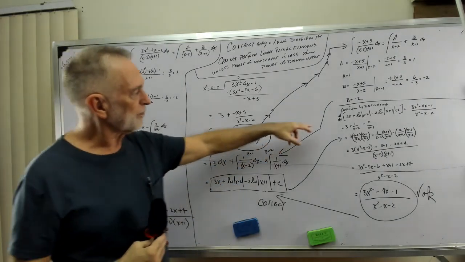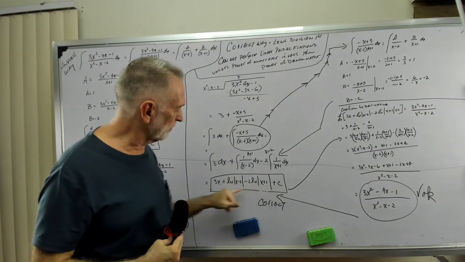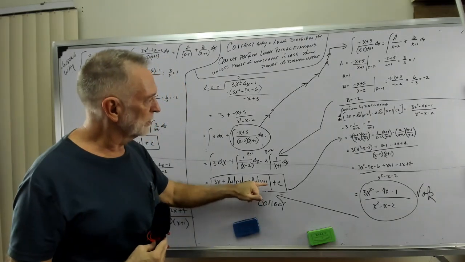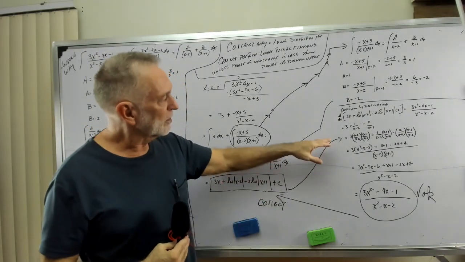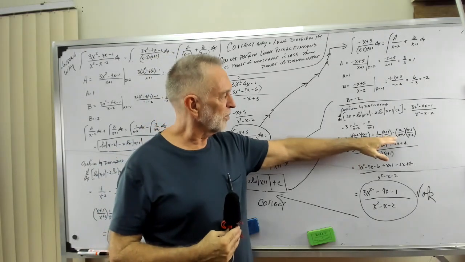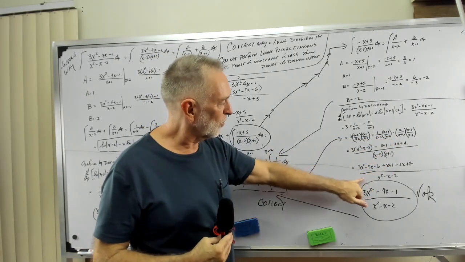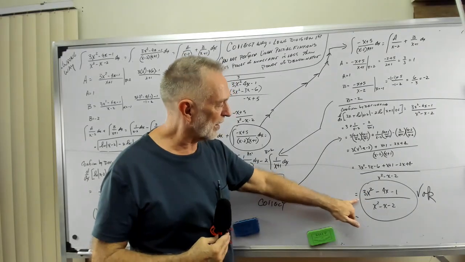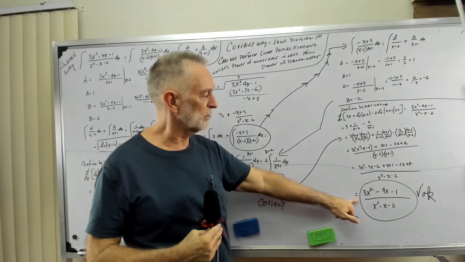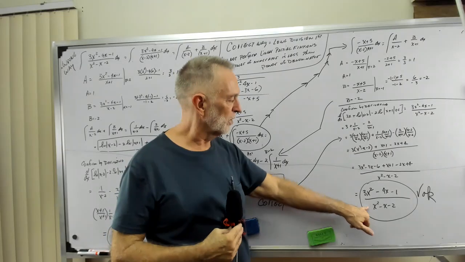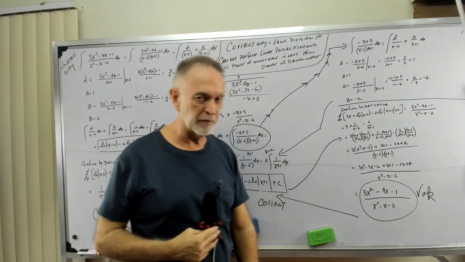Now if I take the derivative of this function and I get a common denominator, slowly walk through that, I do in fact end up with 3x squared minus 4x minus 1 over x squared minus x minus 2.